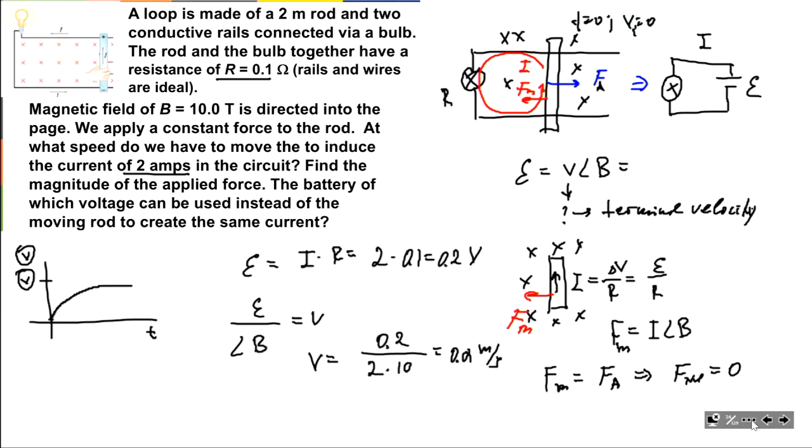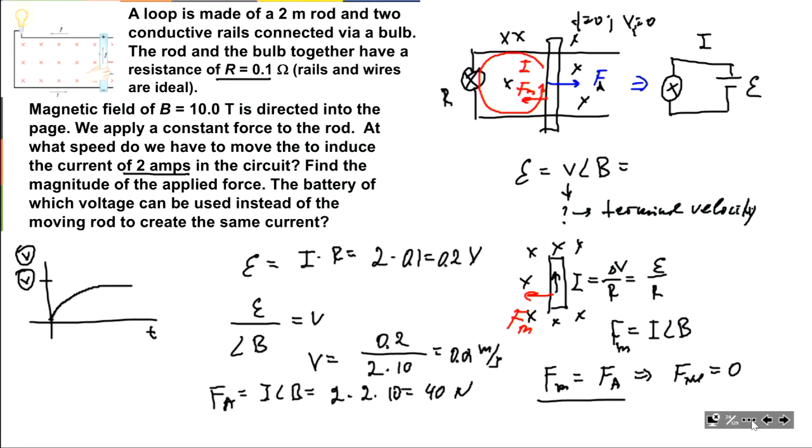The applied force will be equal to that final value of the magnetic force acting on it. So the applied force will be equal to ILB, I is 2, L is 2, B is 10, 40 newtons.